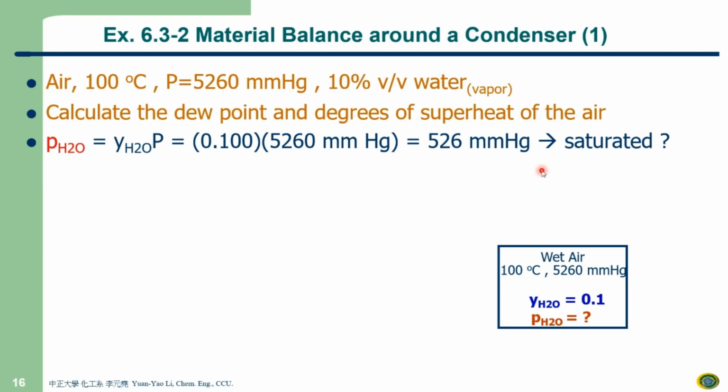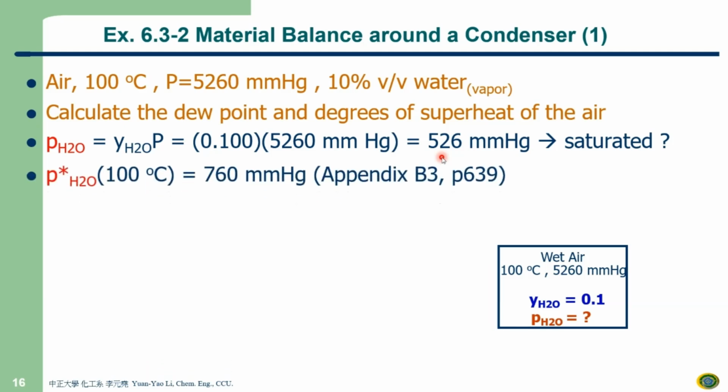So is this vapor saturated? No. Pi is less than Pi star, so this has not reached equilibrium. What do we call this condition? Superheated vapor. There's no liquid water because the saturated vapor pressure is 760. Pi star at 100, if you check the table, is 760 millimeter mercury.